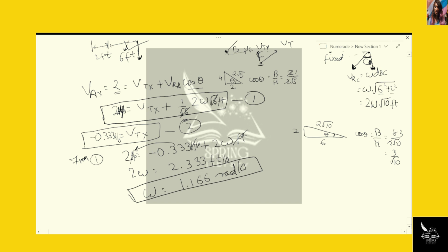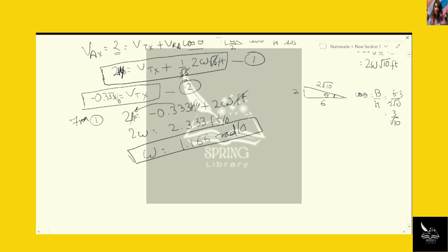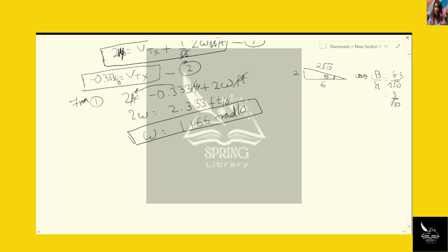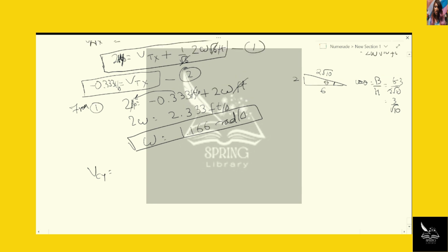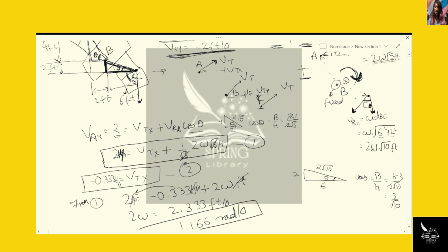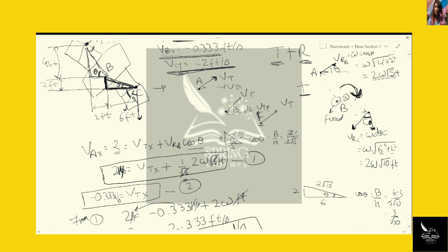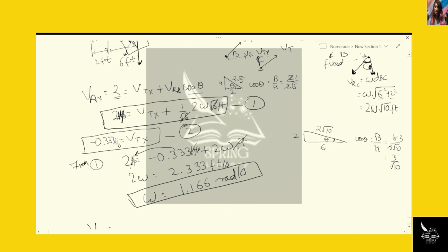Okay, now let us write down the equation for VC. So VC tells us that VC of y is minus 2 feet per second.